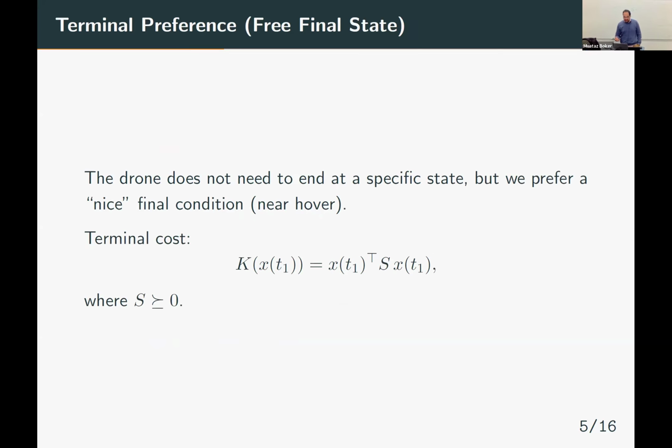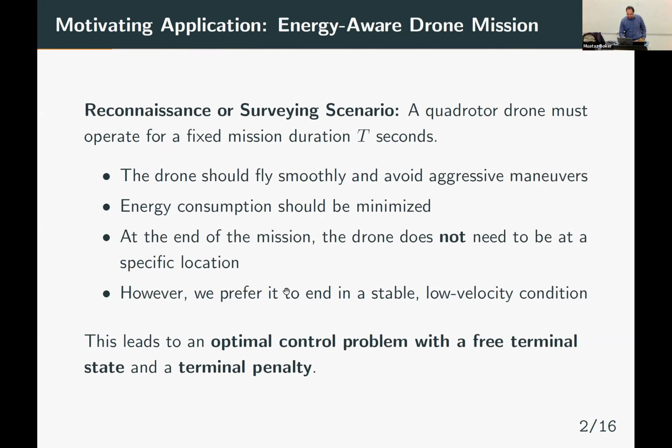However, there is a terminal penalty, since the drone does not need to end at a specific point. We prefer a nice final condition. If you go read here, we need the final position P and V to be stable, with a low velocity condition.